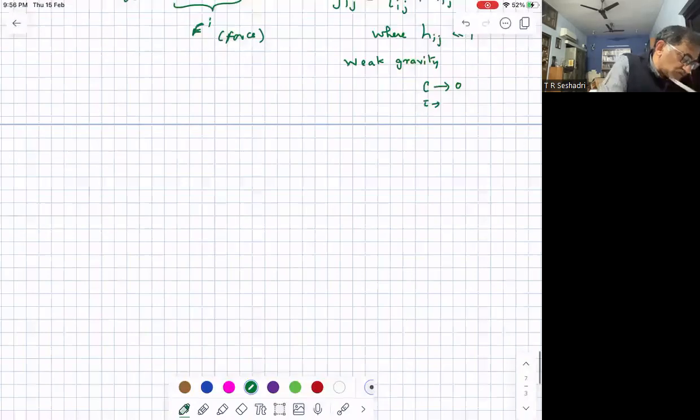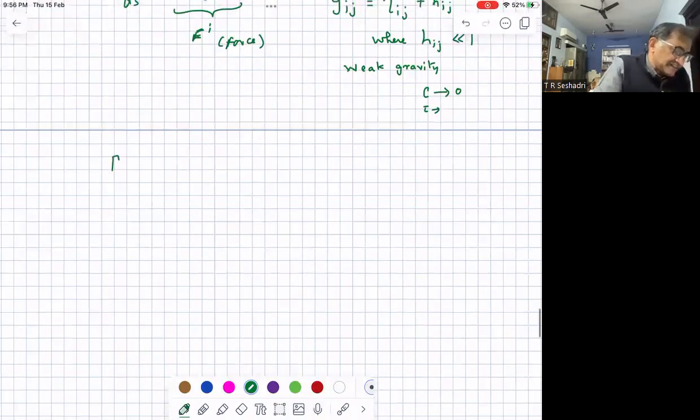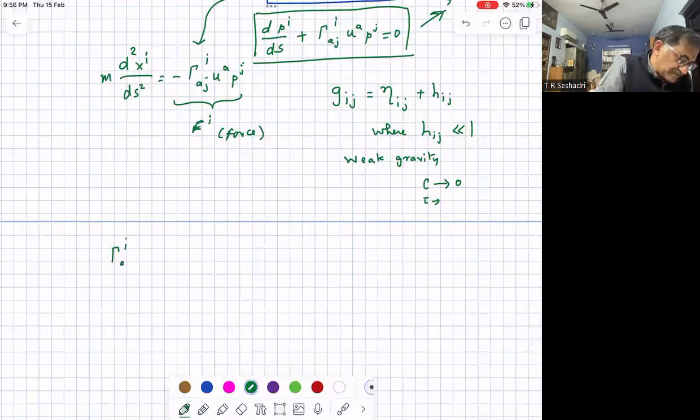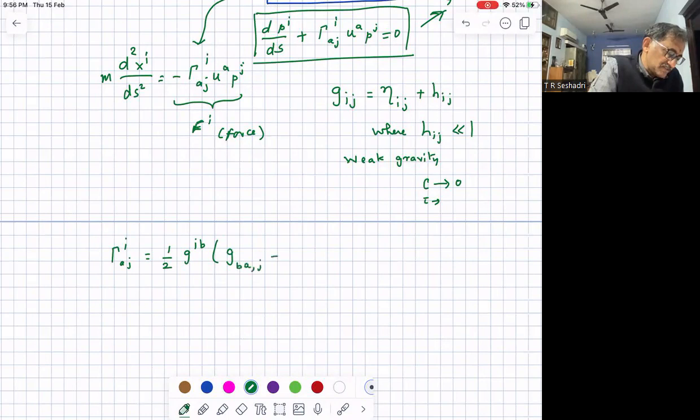Now I'll take this Γ^i_{aj}, and if I look at my earlier expression, I will have one half g^{ib} times (g_{ba,j} plus g_{bj,a} minus g_{aj,b}).